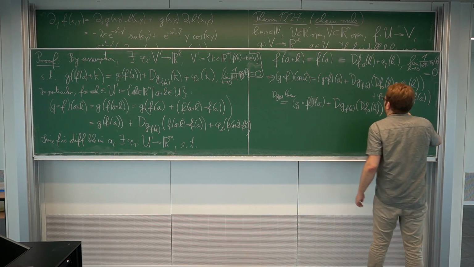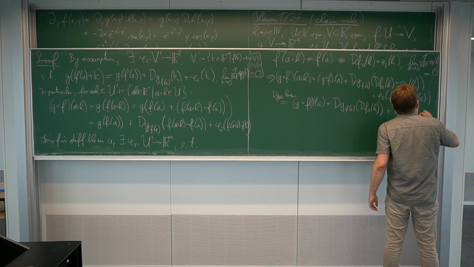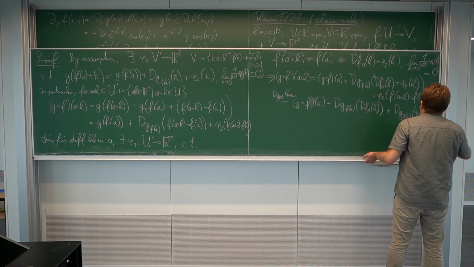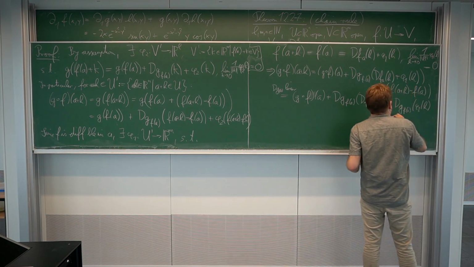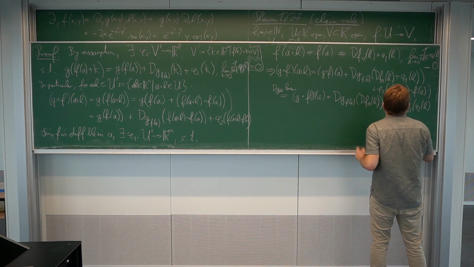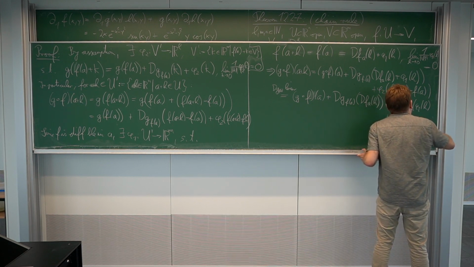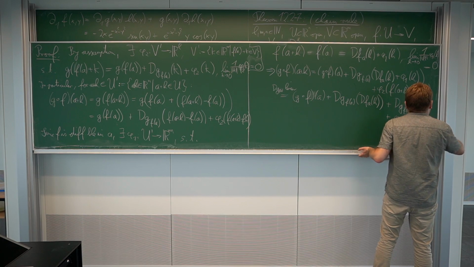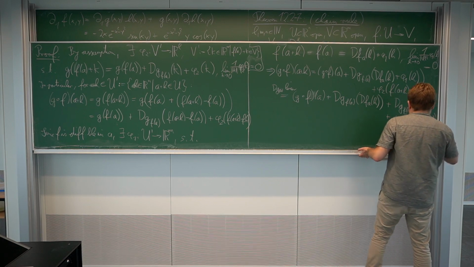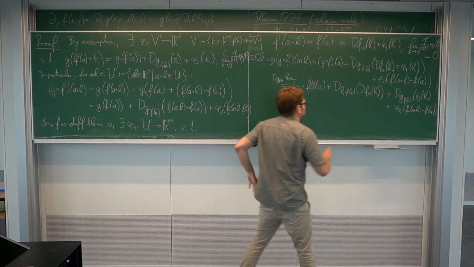This is dg F of A of phi 1 of H plus, let's do it the other way, let me write this down, phi 2 of F of A plus H minus F of A. Okay, this is the rest that we have, and so this looks like the thing we want.